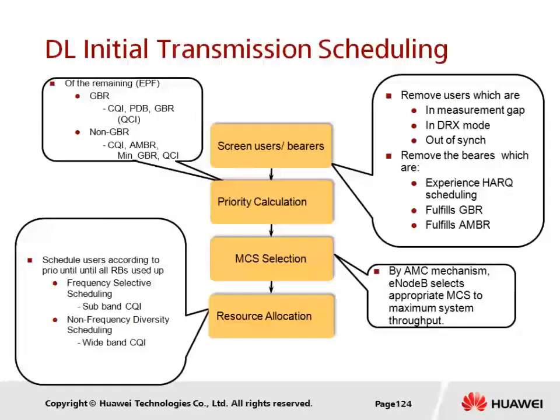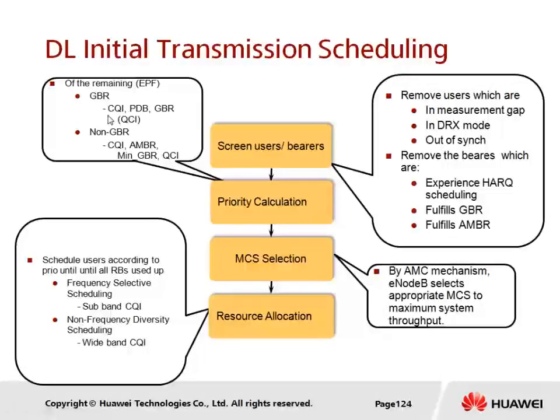So after the sending of retransmission, we are looking at the new data, which is the initial transmission. For initial transmission, the eNodeB considers the bearer type of the ERAB, which could be a GBR bearer or non-GBR bearer.